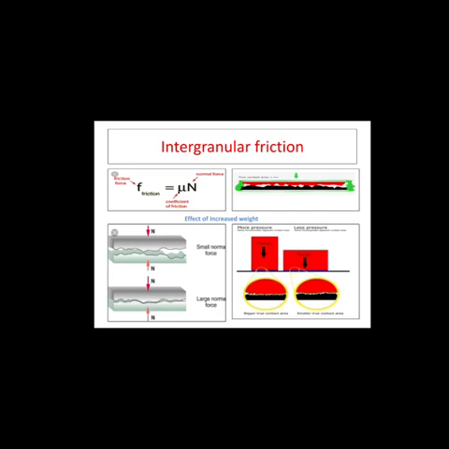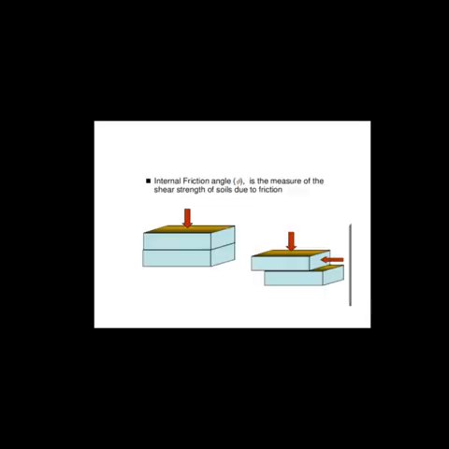From these two illustrations, it is obvious that the frictional force is a function of the reaction N, which in turn is a function of the weight of the block. As the weight of the block increases, the interlocking of the roughnesses at the surface also increases, leading to a greater frictional force to overcome the resistance.